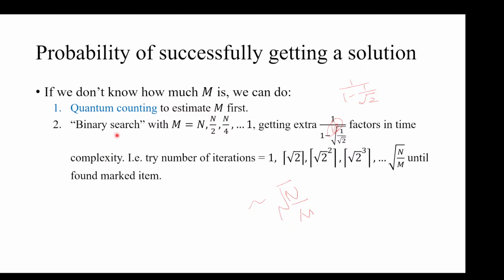Okay, and so we can do this binary search, but quantum counting by itself is fun and useful, and so we are going to talk about quantum counting for the rest of the class today. Okay, so any questions so far? If not, then let's go to quantum counting.